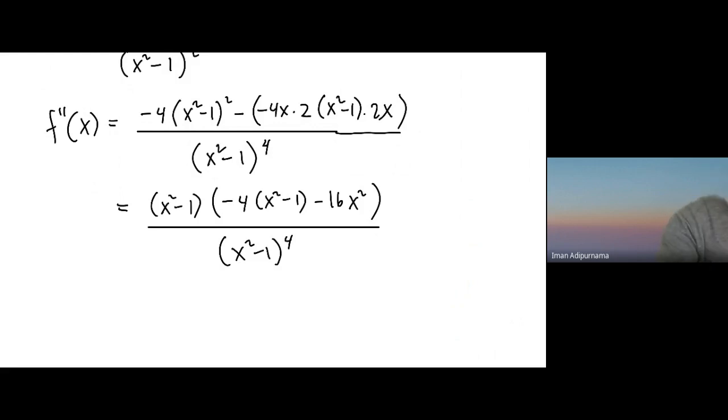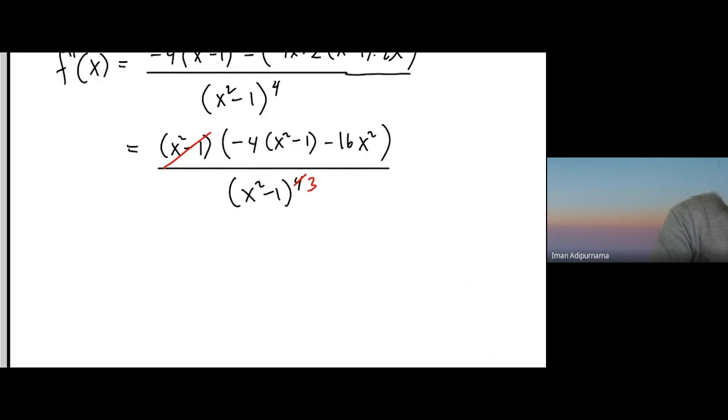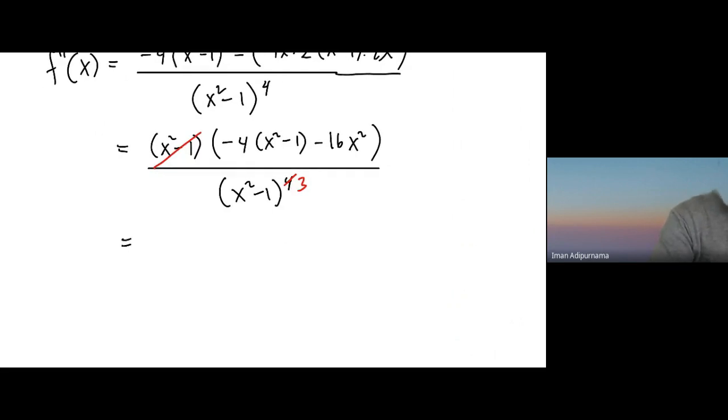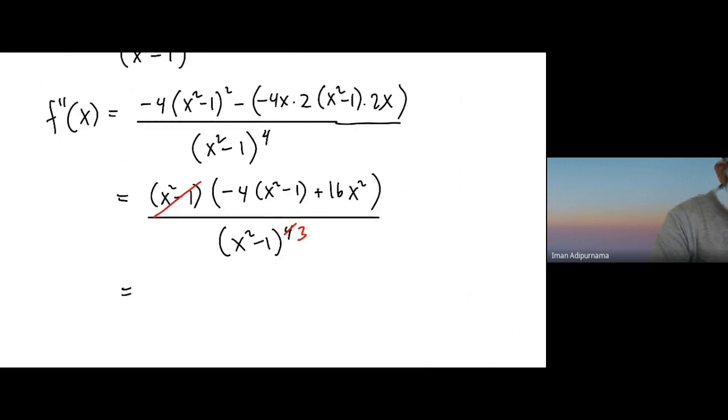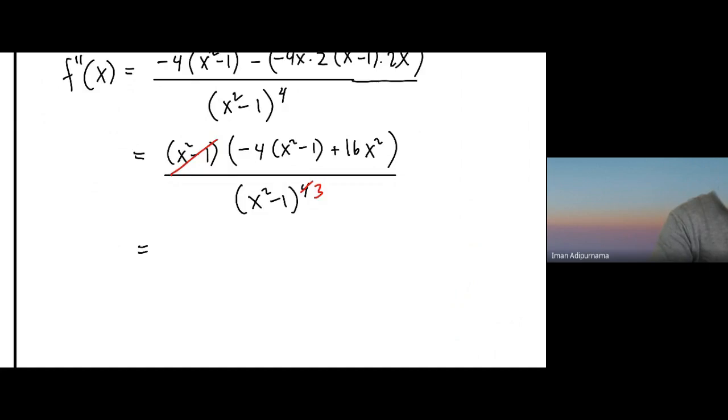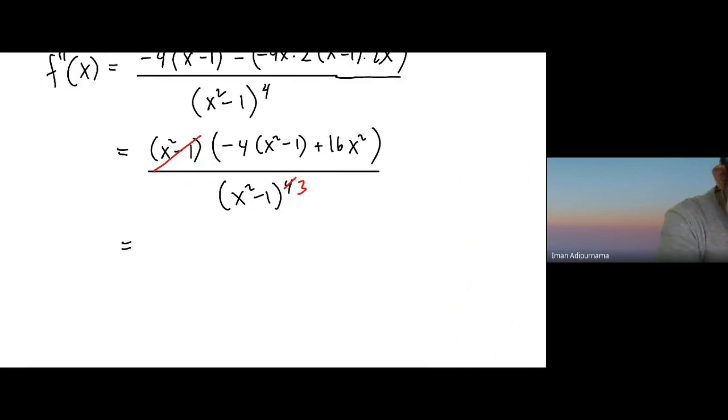And then we can cancel this with this. This is 3. So we have negative 4. Oh, this should be plus, sorry. Negative, negative, should be plus. Negative 4 plus 16 is 12x squared plus 4 divided by (x squared minus 1) cubed.